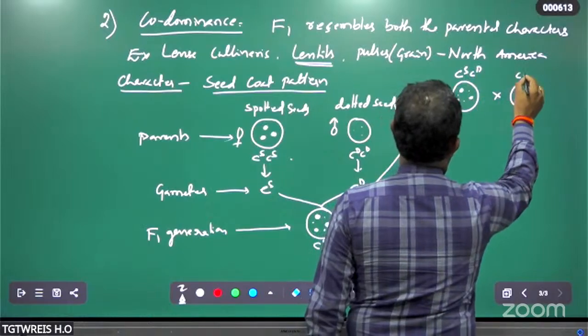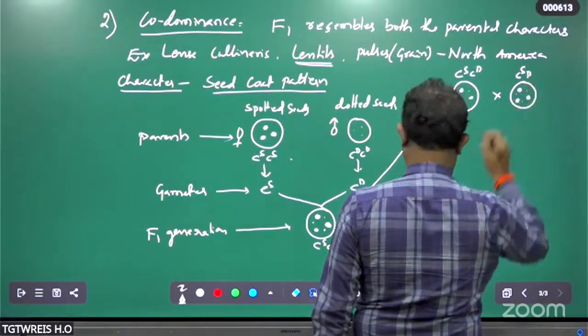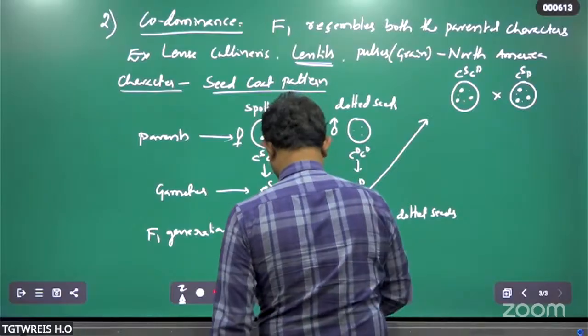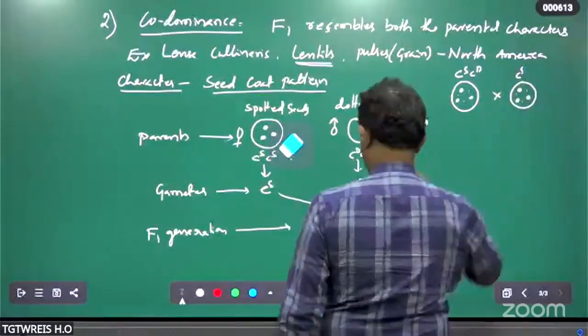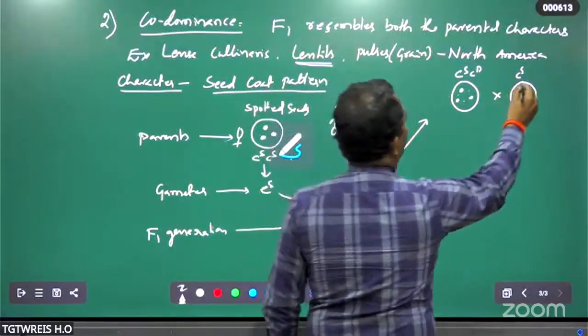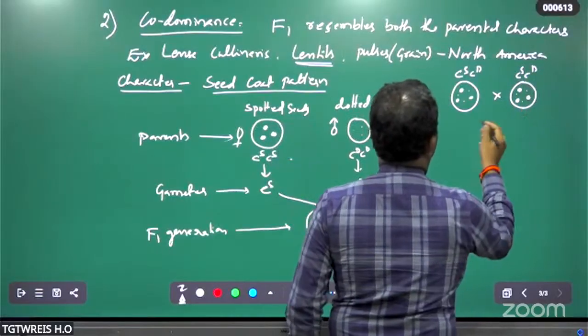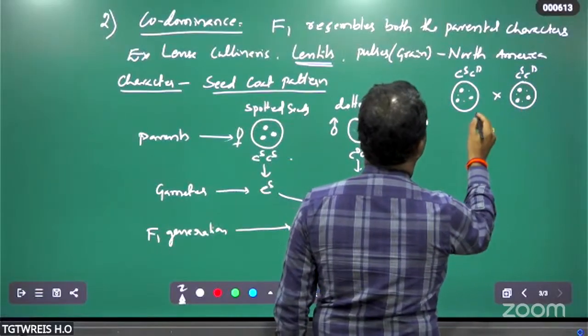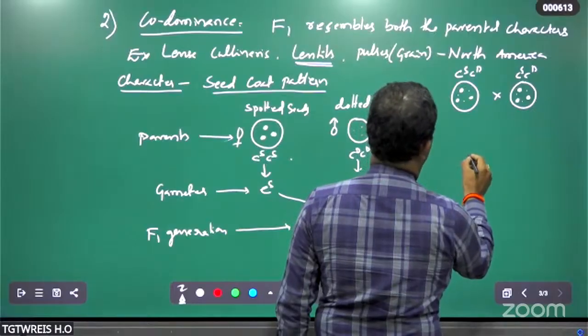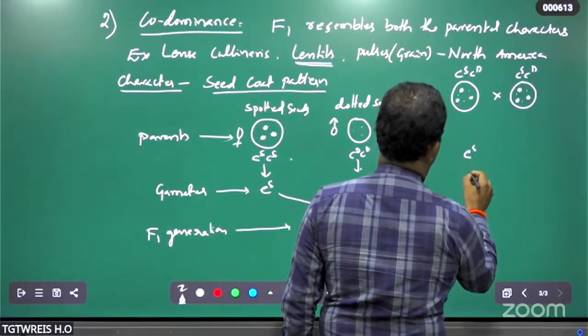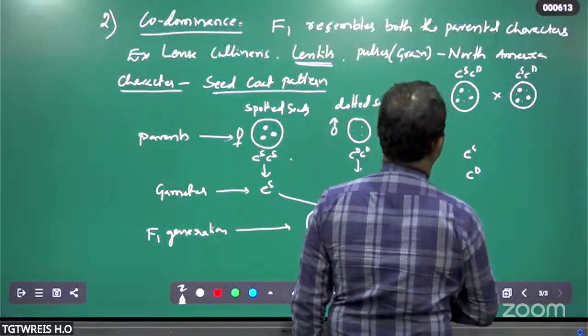CSCD is crossed with CSCD. Then the gametes are CS and CD.